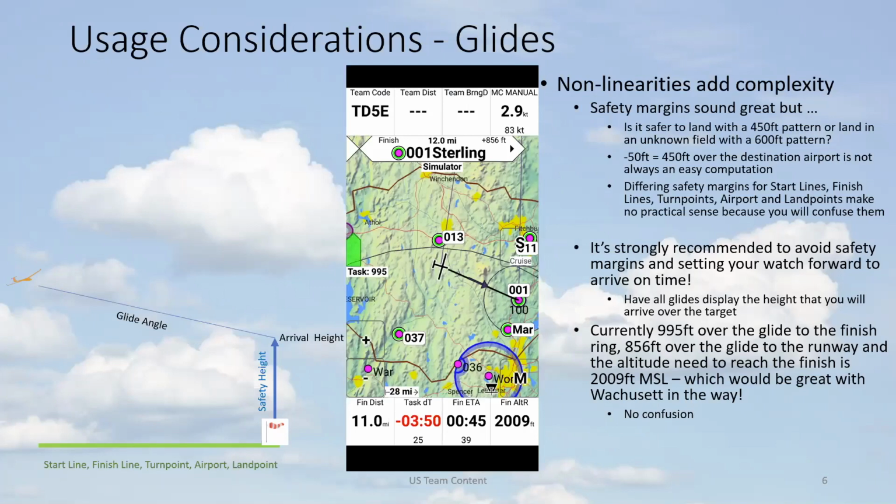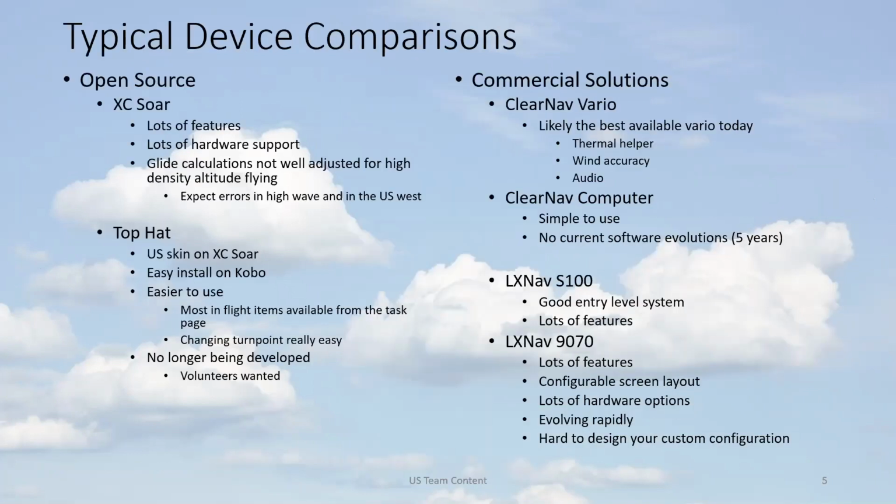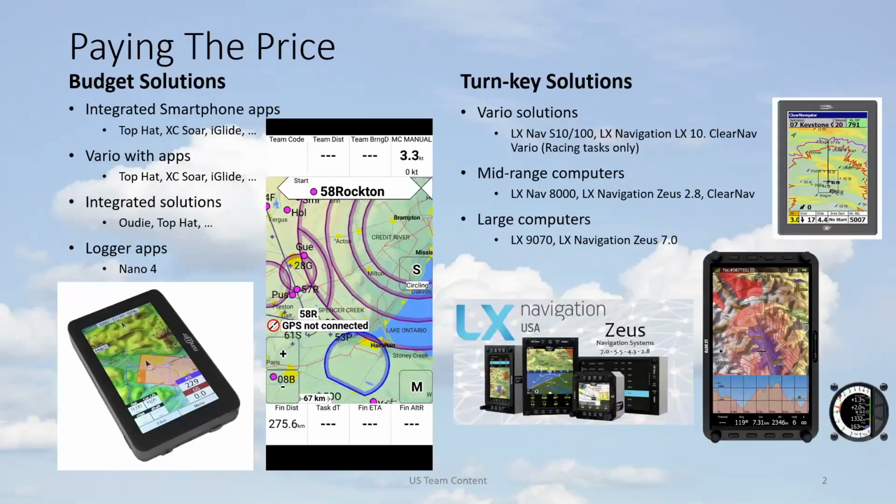So that's covered the instruments. Like I say, if I flip back to the beginning here for all the various options, you get what you pay for. So if you're flying around the club in the K21 on a nice soaring day, you can use your smartphone and it'll get you home.